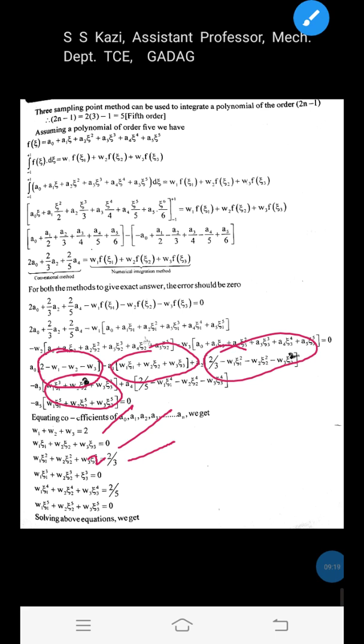zeta 3 cube. Okay, coefficient of a3, that is w1 zeta 1 cube plus w2 zeta 2 cube plus here it should be written as w3, some printing mistake is there, you write w3 zeta 3 cube.